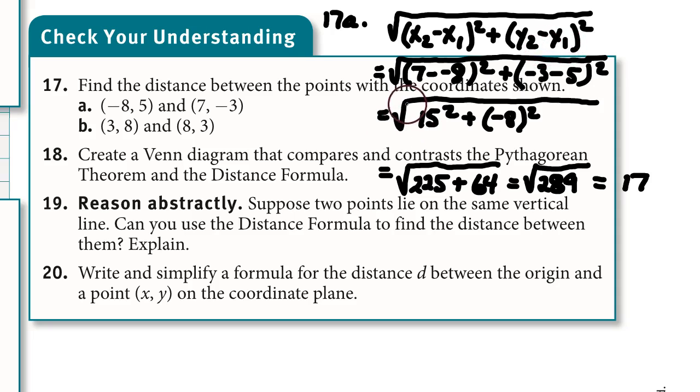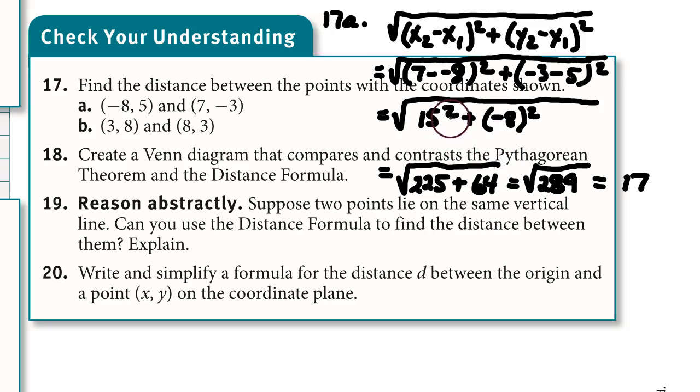The next step is when you substitute values for those. So x2 is 7, x1 is negative 8, y2 is negative 3, y1 is 5. Now come the subtractions. 7 subtract negative 8 is 15. Negative 3 subtract 5 is negative 8.